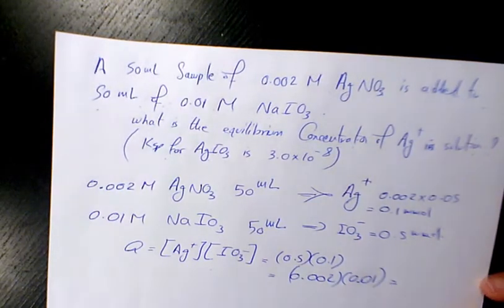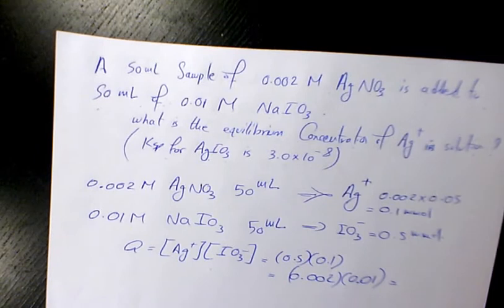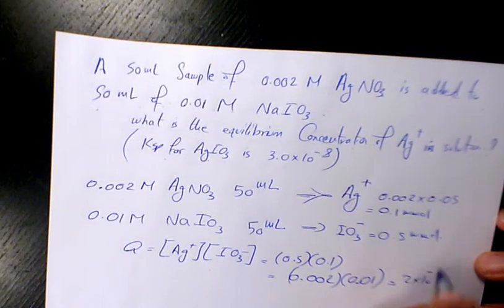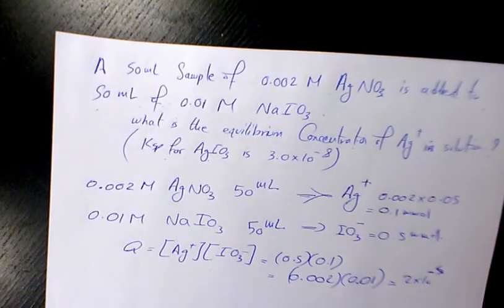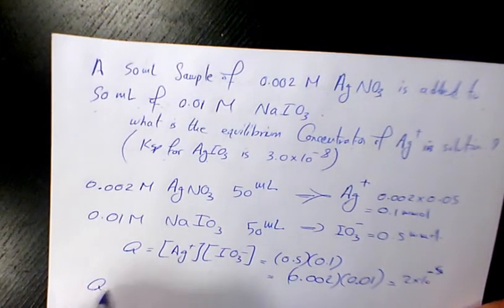That's going to give me 2 times 10 to the power of negative 5, which is bigger than KSP, so it means that we have precipitate formation.